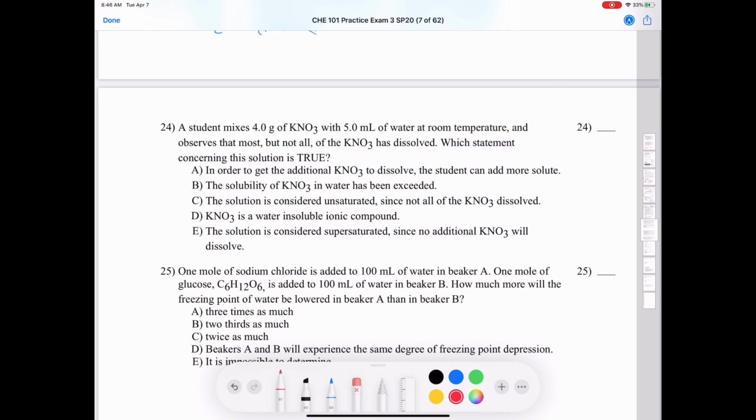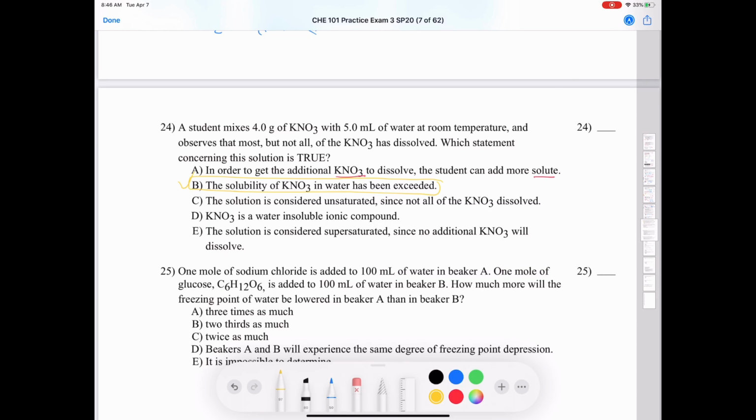Well, the solute is potassium nitrate, so if I add more, it's not going to go into solution. What about B? It says the solubility of the potassium nitrate in water has been exceeded. Yeah, that seems reasonable to me because the student can't get any more potassium nitrate to go into solution. So the answer is B.